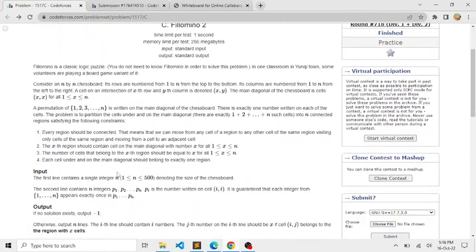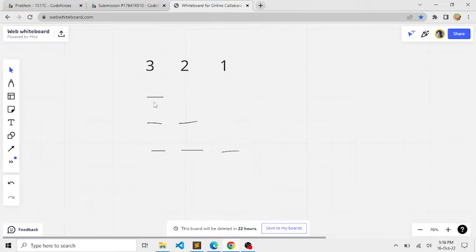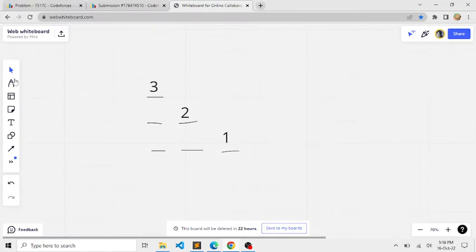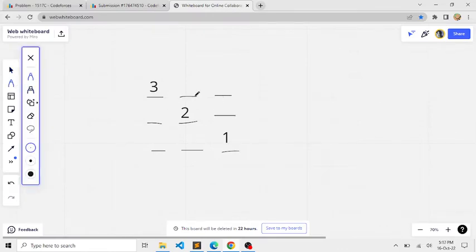So let's try to simplify it on the whiteboard. Now considering an example, the permutation is 3, 2 and 1. Now according to the original condition, we'll try to place this permutation on the diagonal. Now there is some additional concept, I'll explain why we have not considered these 3 positions.